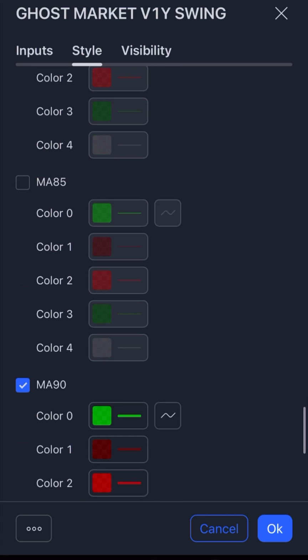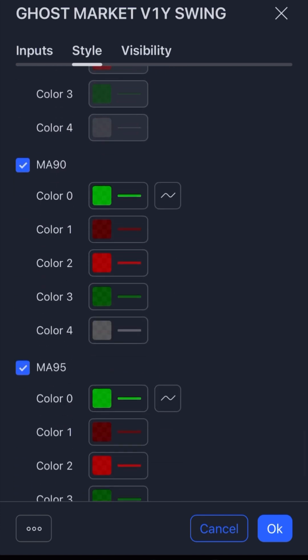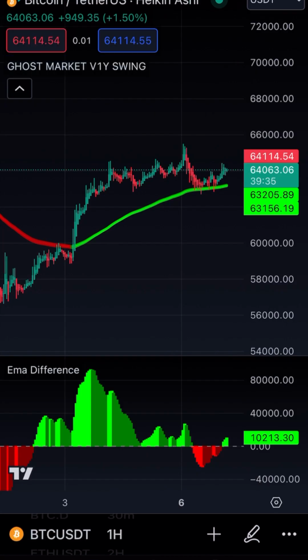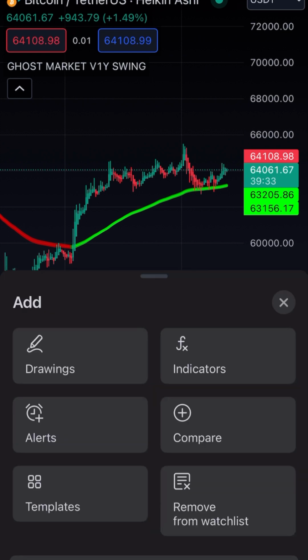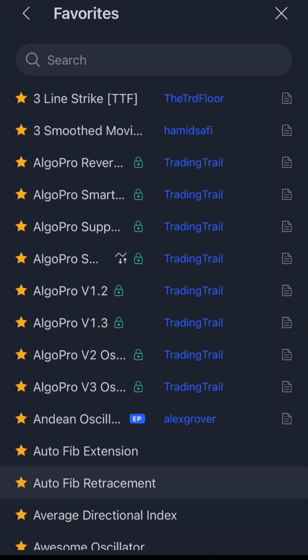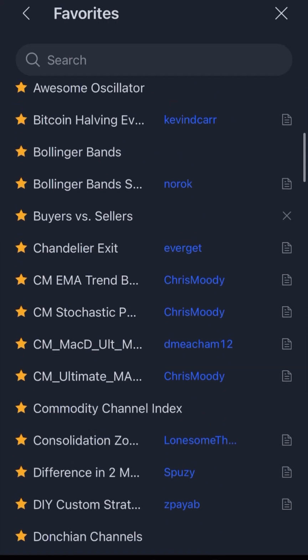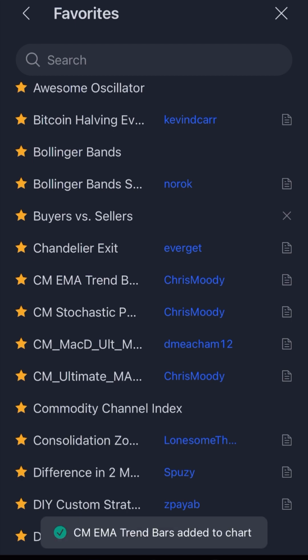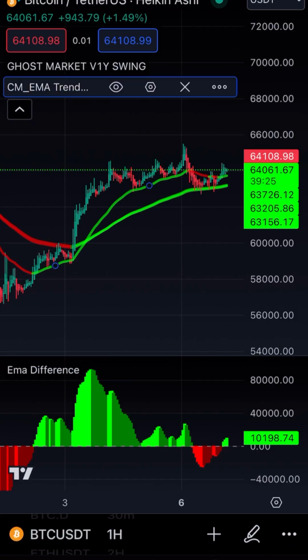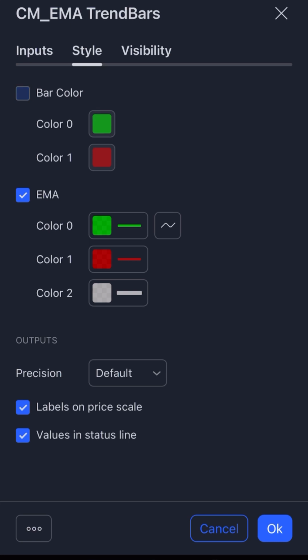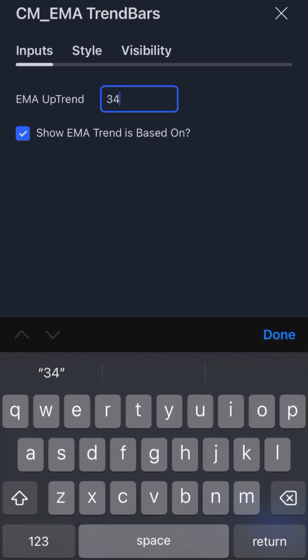Check all these off, and we're left with 90.95. And you have this, and then I also include the CM trend bars, and I change this to a 9.